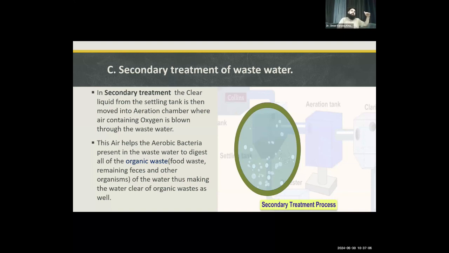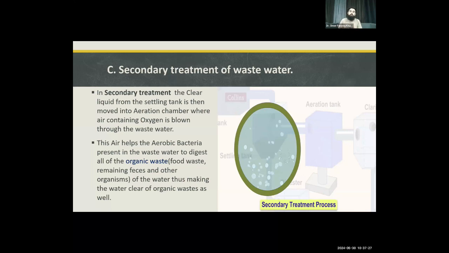So the sedimentation tank or settling tank removes the scum and sludge of the water. Now the water has become a relatively clear liquid. Now this clear liquid is full of organic waste. In order to digest these organic wastes, we use this aeration chamber.